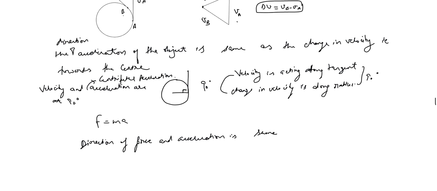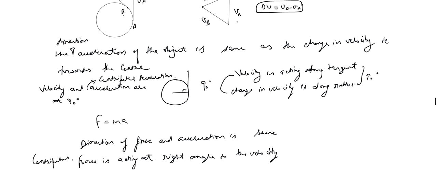And if acceleration is acting at 90 degrees to the velocity, force will also act at right angle to the velocity. Here again, we are talking about centripetal force. And if you remember, I have discussed that the direction of velocity and the direction of displacement is the same, right? So centripetal force is acting at right angle to the velocity or displacement.